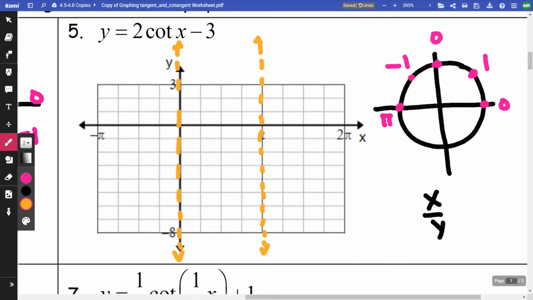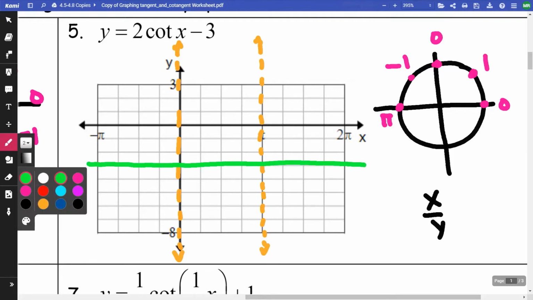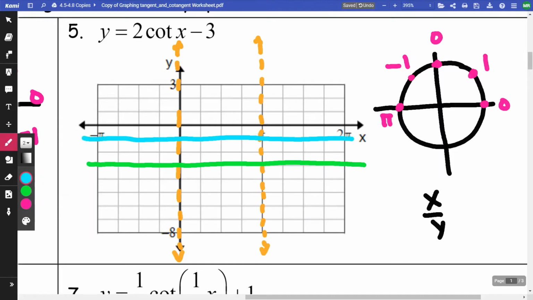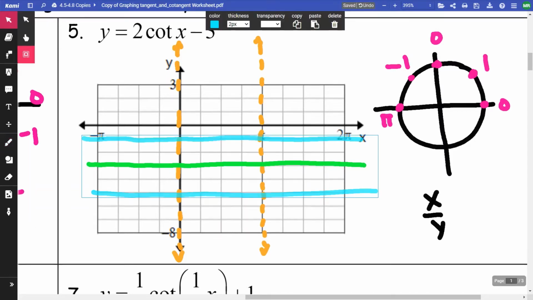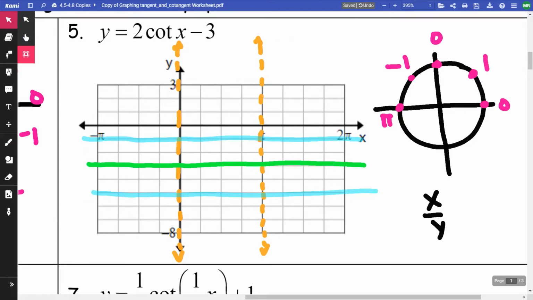And for this one, I have a vertical shift down to -3. And my amplitude is 2, so I'm going to be going 2 above and 2 below. I'm just going to make those a little more transparent.